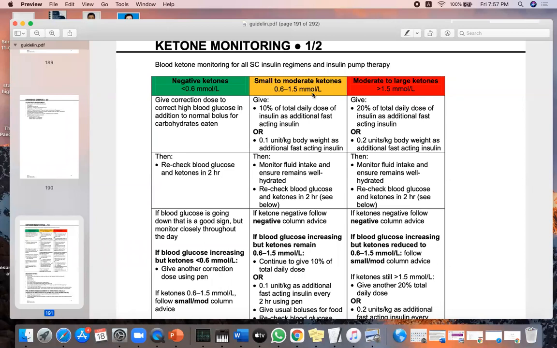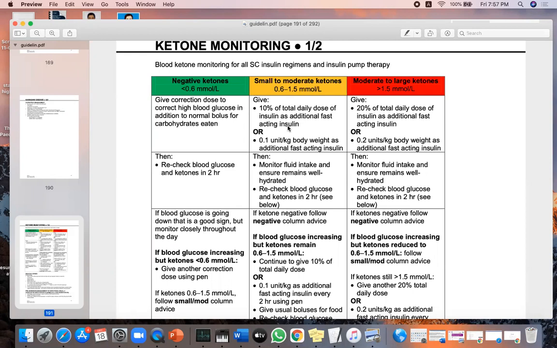Remember, ketone body is the red light. It can show you that your body has some problem. So this ketone body production, if there is high ketone like more than 0.6, it is alarming. Your body is getting ketosis, so you will give 10% of the total daily dose of insulin.